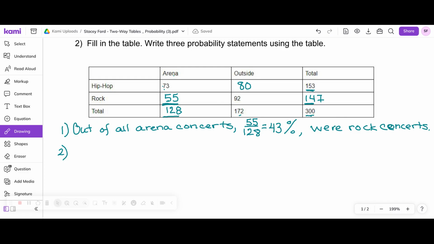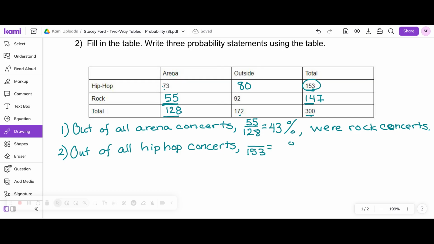So my next one, I'm going to do just a little bit different. I'm going to change my things around. I'm going to say out of all the hip hop concerts. And I know with all my hip hop concerts, I'm going to be using the number 153.